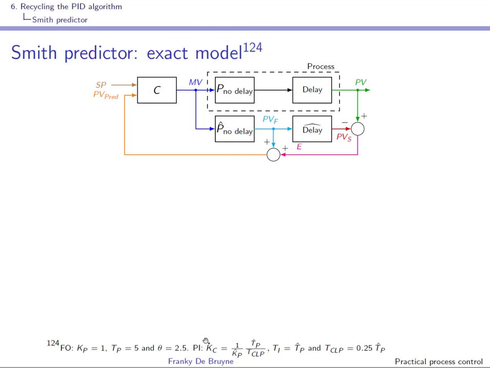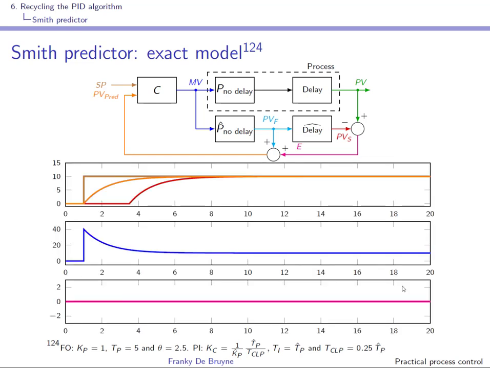The PI controller is tuned using the IMC tuning method, and we do as if the process is a first order system, because the Smith predictor is taking the delay out of the control loop. So this is how you tune the PI controller, and the desired closed loop time constant is 0.25, so a quarter of the time constant in open loop.